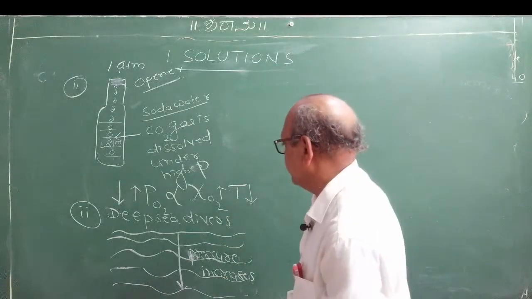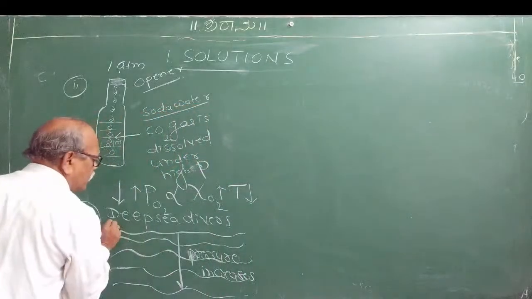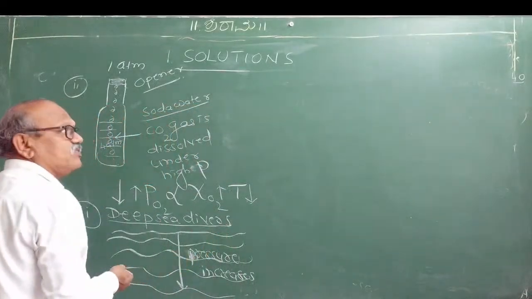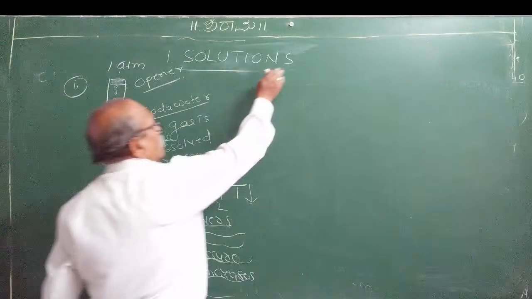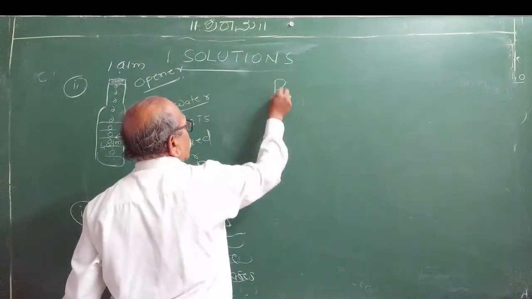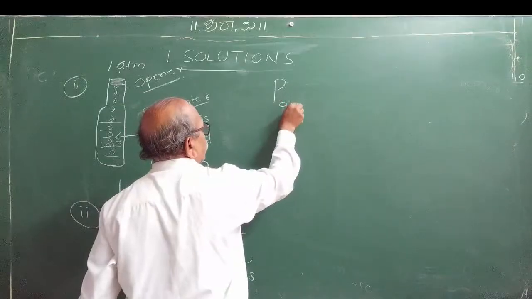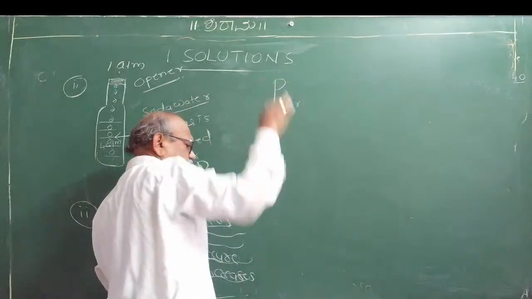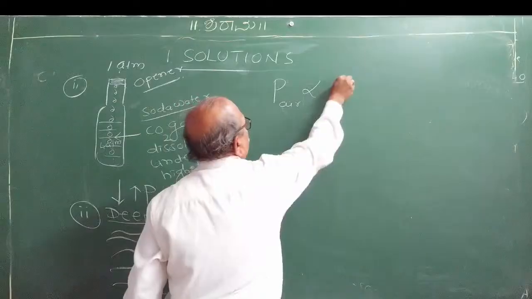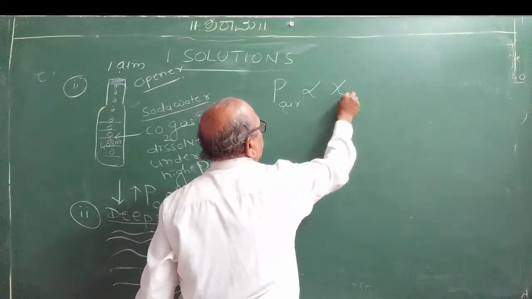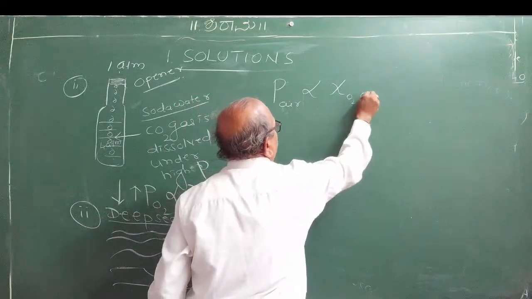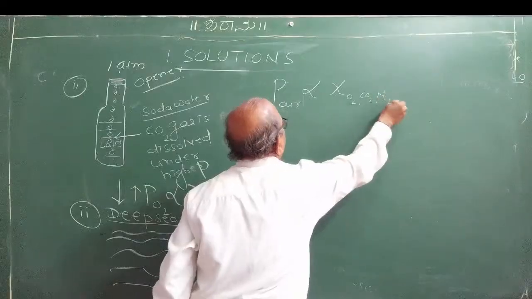pressure increases, right? So if atmospheric air is filled, as the pressure goes on increasing, once again I will tell you, the pressure under the water is directly proportional to the mole fraction of the oxygen, carbon dioxide, nitrogen, all of which will be present in the air.